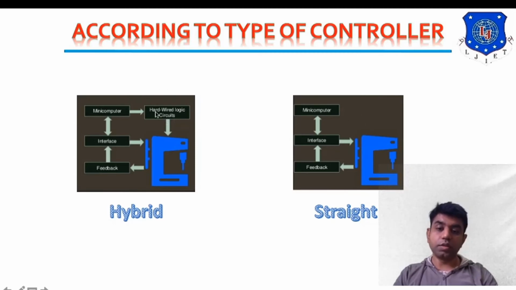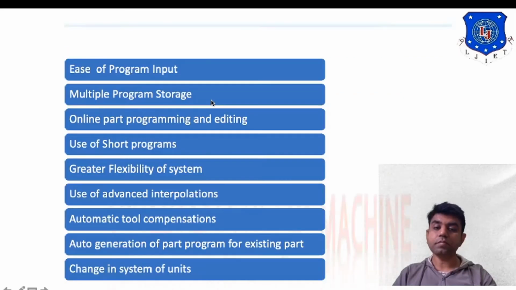What this hardwired logic circuit does is keep certain kinds of data with it. It is a circuit itself which stores some data, such as data of interpolation or data of tool compensation. What tool compensation is, we will learn in our later lecture series, but right now we just need to remember that it has one more unit, that is hardwired logic circuits, right?